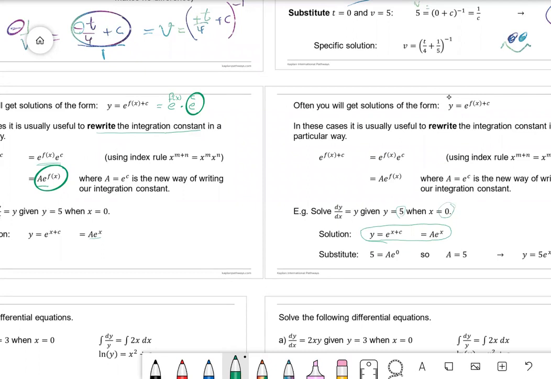So a is 5 because e to the power 0 is 1. Therefore, the value of the constant a equals 5. Then you rewrite your equation as y equals 5e to the power x, because it was a e to the power x. So now we know the value of a as 5, therefore it is 5e to the power x.